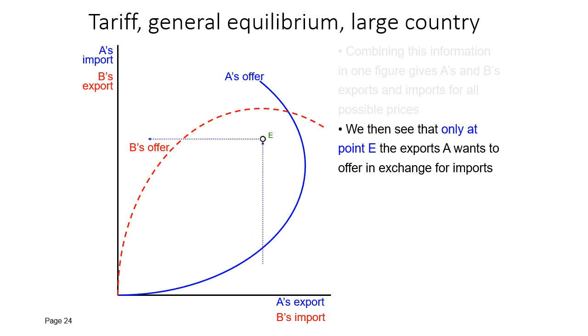And for us, fortunately, that would be at point E. Point E is the only point where the exports of country A are exactly equal to the imports of country B, and the exports of country B are equal to the imports of country A. So we have trade balancing in terms of the world. Every export is accounted for, and every import of every country is accounted for. And that would mean that the relative price line, or the world price line, needs to pass through E from the origin.